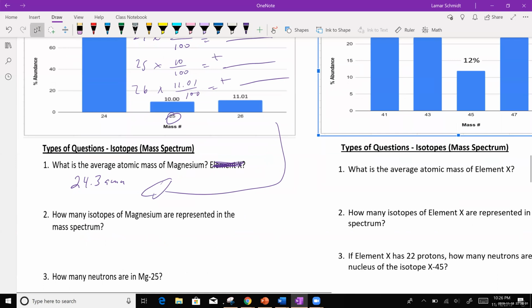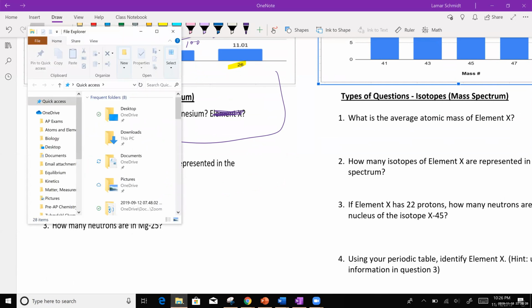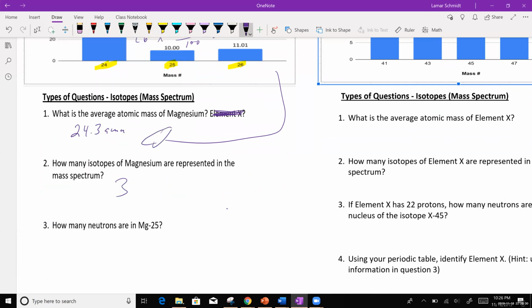And then I ask another question: how many isotopes of magnesium are represented in the mass spectrum? This is probably one of the easiest questions. If you look at this, you have 24, 25, and 26. So there are exactly 3. And then I ask how many neutrons are in magnesium 25. Magnesium 25 is magnesium with a mass number of 25.